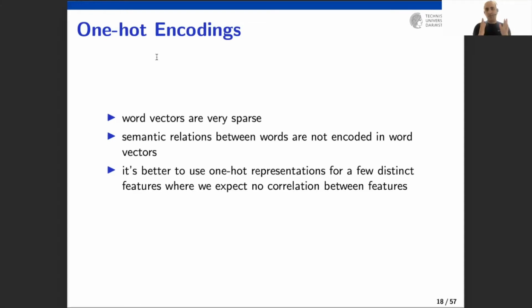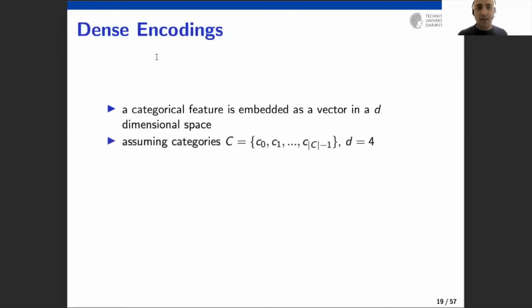So it's better to use them for features that are categorical, but the size of the category set is small, and also you do not expect any correlation between features. For example, you do not expect to see any correlation between sports, science, politics, title, and topics.